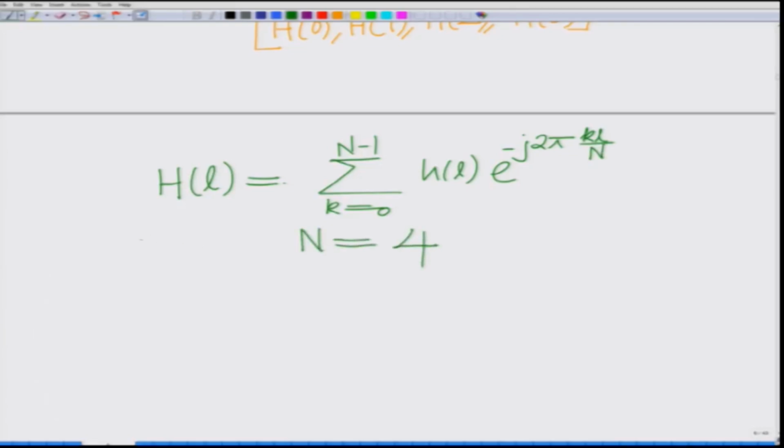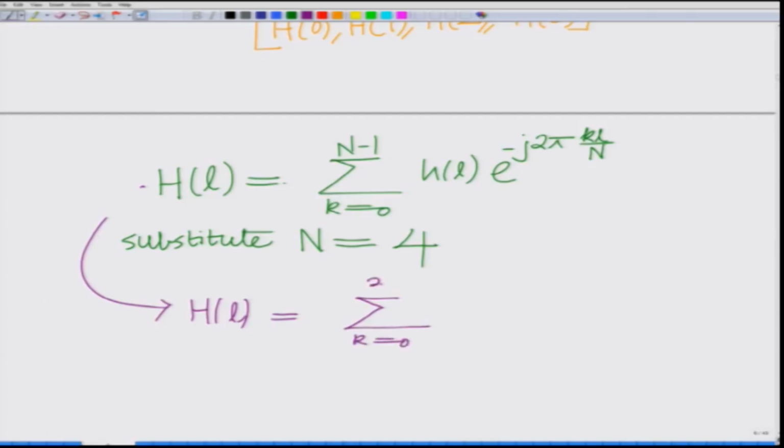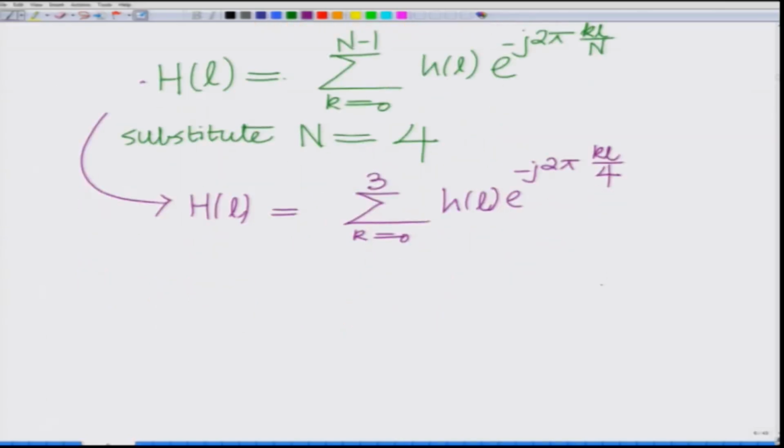Substituting n equal to 4, we have H[l] equals the summation from k equal to 0 to 3 of h[k] e power minus j pi by 2 k l.